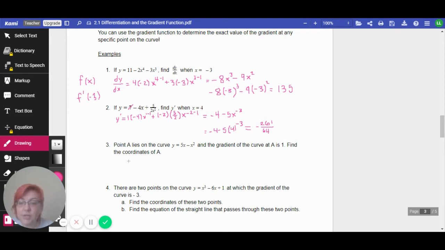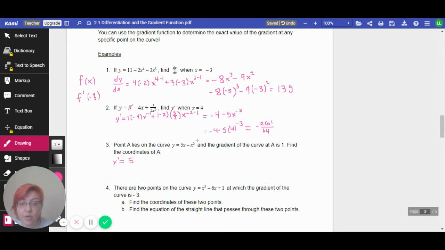And that is going to be y prime, which is going to equal, my a is 1, I'm sorry, my a is 5, my n is 1. So 1 times 5 is 5, and x to the 1 minus 1, x to the 0 is just 1, so it goes away.